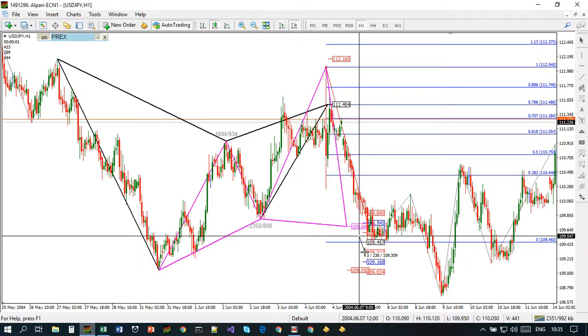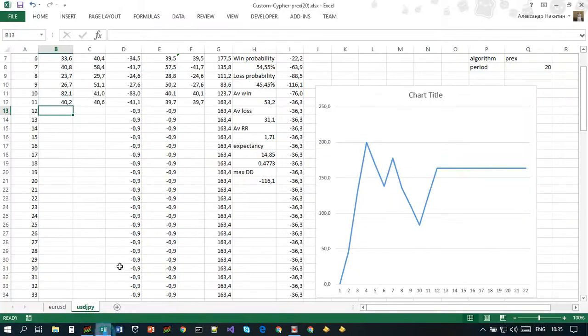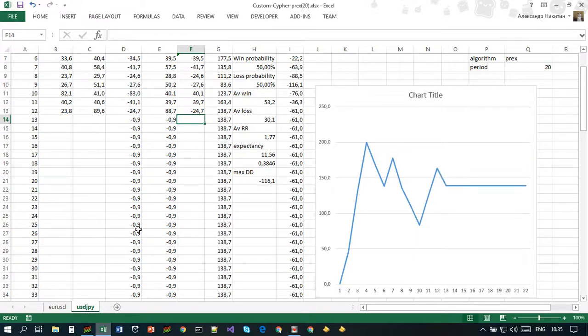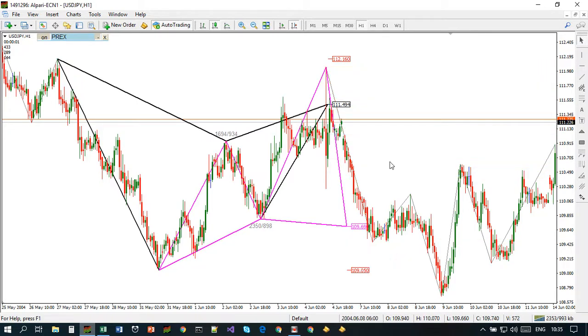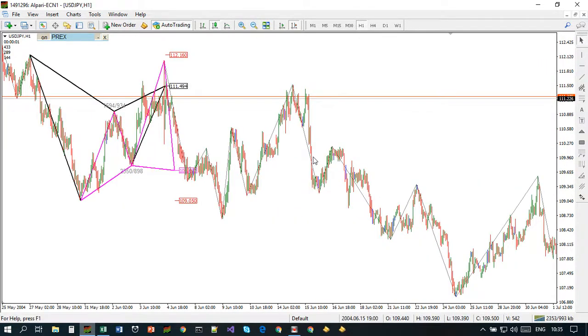We're risking 23.8 to generate 89.6. 23.8, 89.6, and it was a stop loss this time. You see, it broke back lower.